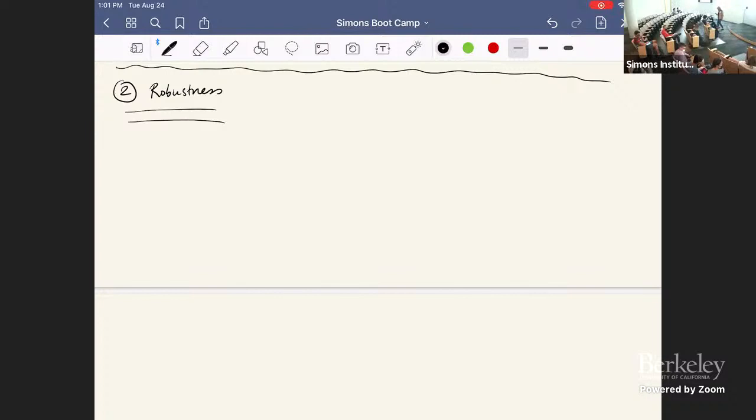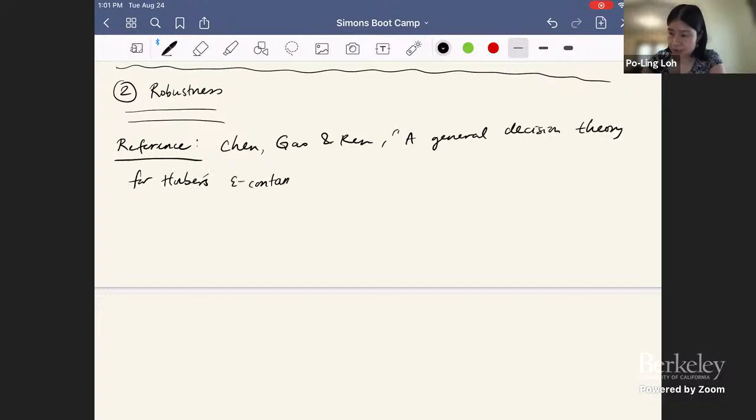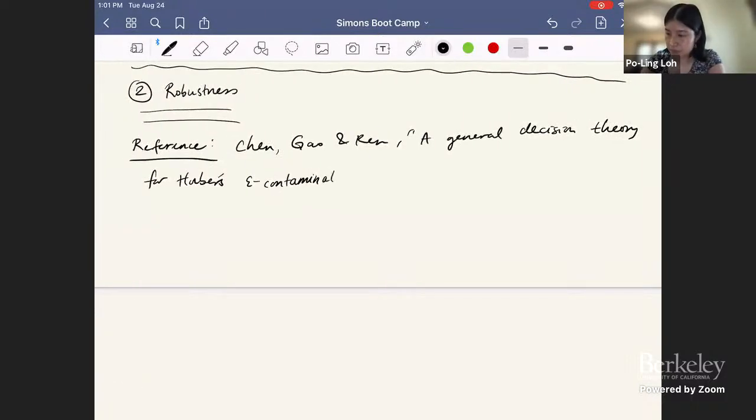Okay, great. So the next lecture will be about robustness. So here's the reference by Chen, Gao, and Ren, a general decision theory for Huber's epsilon contamination model, in 2016.